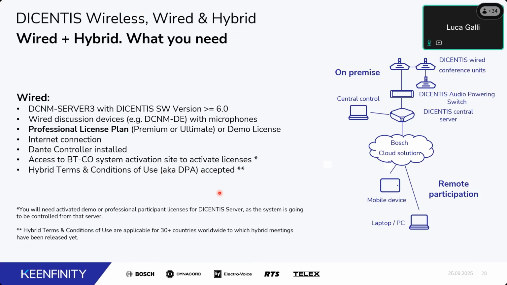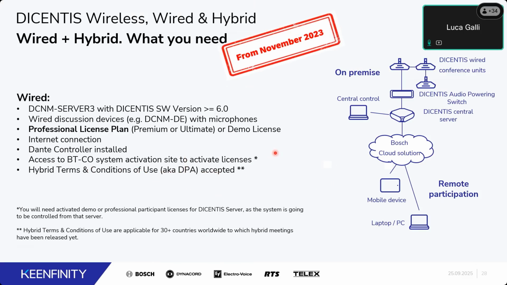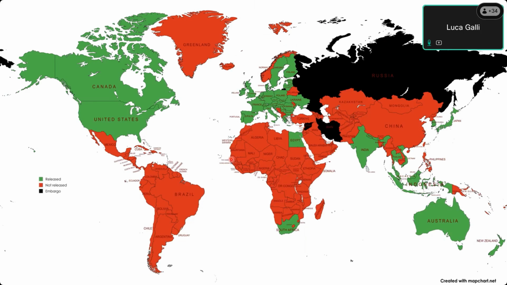And it is important to know that currently you can use hybrid in more than 30 countries worldwide. From November 2023, we have hybrid available, and the countries in green are the ones where a hybrid system can be installed.